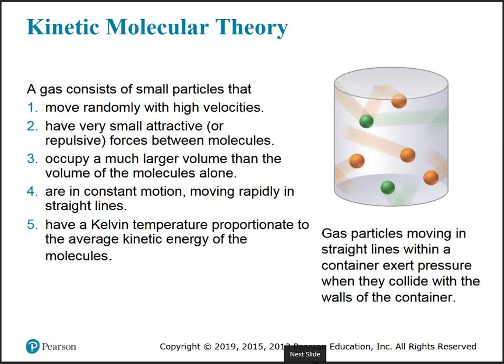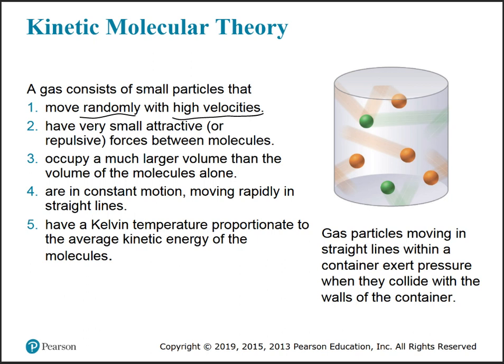So the first part of the kinetic molecular theory states that a gas consists of small particles that move randomly with high velocities. So if you think about a container filled with gas, think about the gas particles like a room full of toddlers, okay? They move randomly, they run everywhere, they bump into each other.